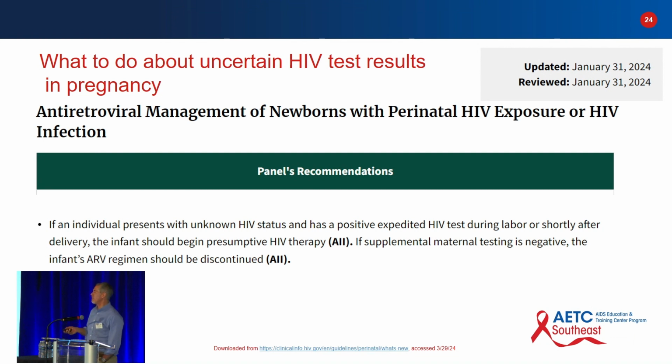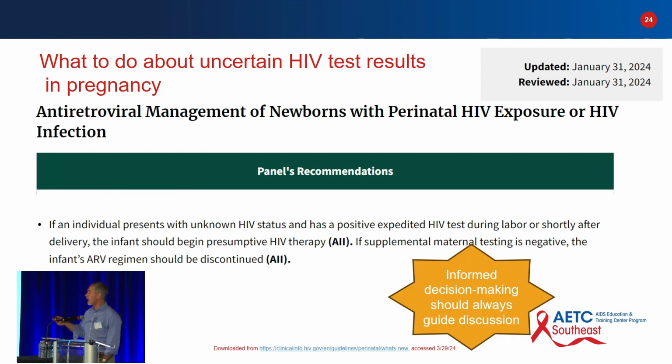That said, the general sense from the guidelines is that when the maternal HIV status cannot be clearly elucidated, then ARV prophylaxis should be provided to the infant until that status can be further clarified. However, I also want to note that informed decision-making should always guide our discussions in these situations.